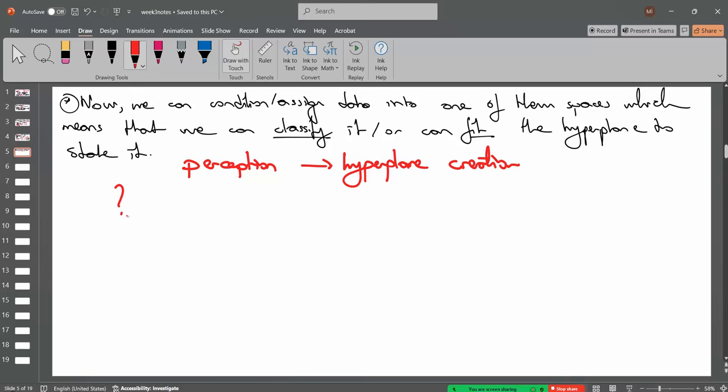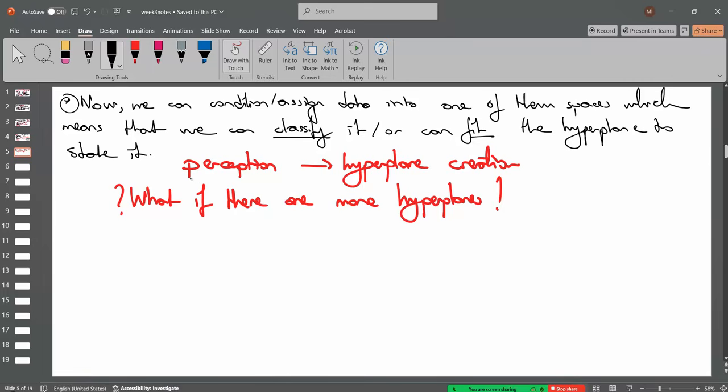And so, after this knowledge, what if there are more hyperplanes? For example, select two features with hyperplanes just like this one.